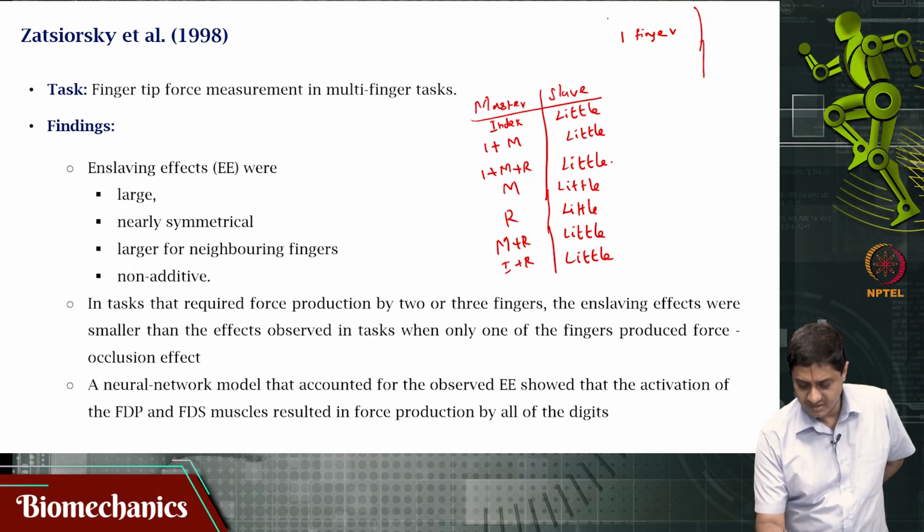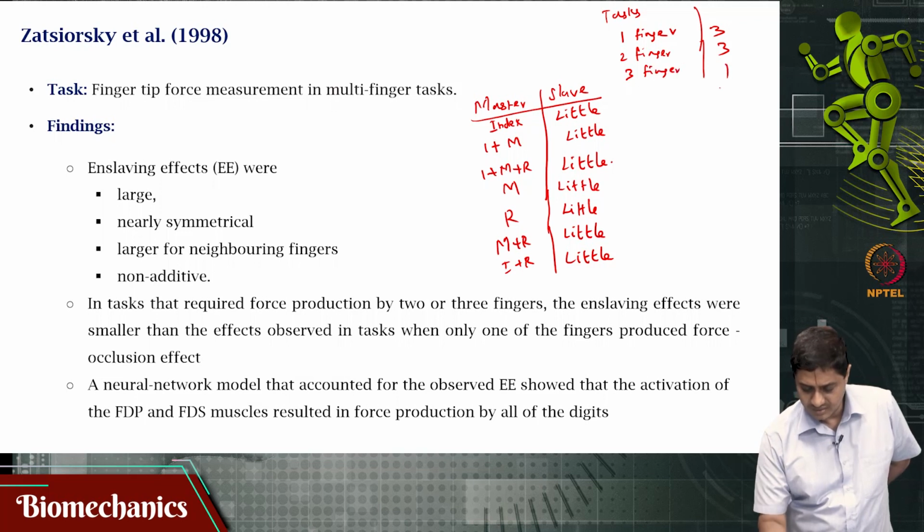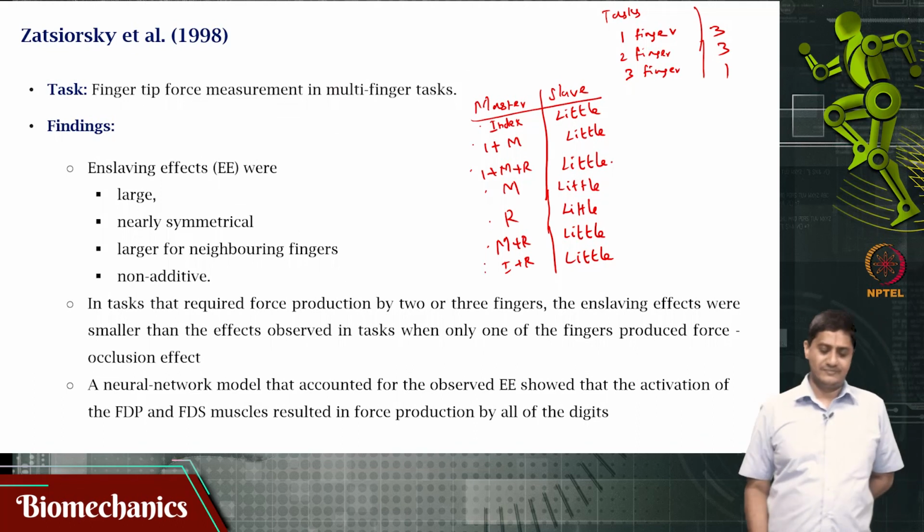One finger tasks are 3, two finger tasks are 3, three finger tasks are 1. Is that correct? 1, 2, 3. That is correct.